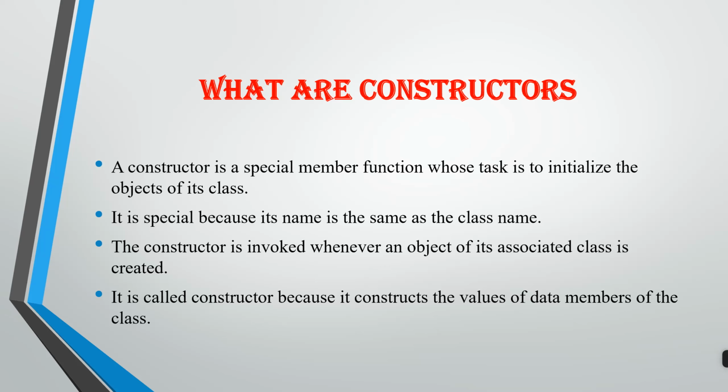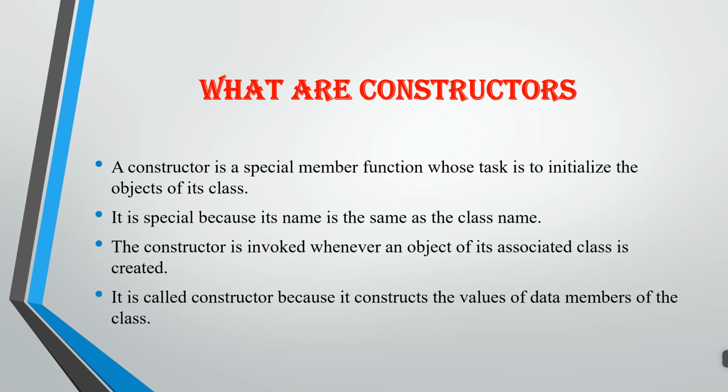But in case of constructor, it is not so. In case of constructor, whenever an object is created, the constructor is automatically invoked and it will assign a value, which is initializing a value for the object which is created.